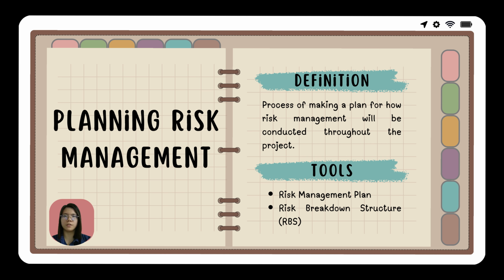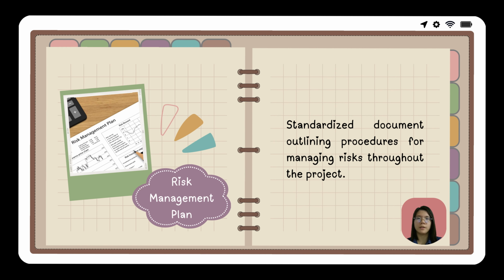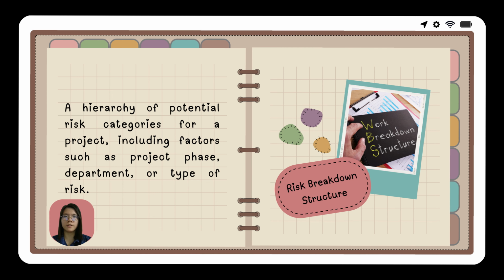Tools used include the Risk Management Plan and Risk Breakdown Structure (RBS). A risk management plan is a standardized document outlining procedure for managing risk throughout the project.